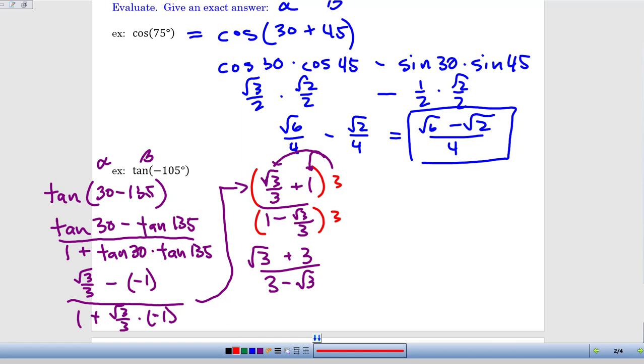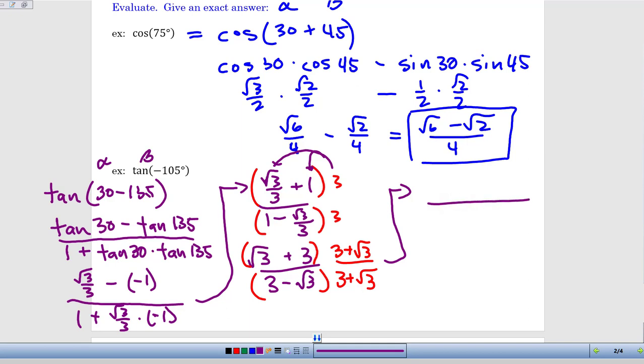Now we can't just multiply the top and bottom by root 3. We're going to have to multiply the top and bottom by the conjugate pair, so by 3 plus root 3 on the top and bottom. And so again, I'm going to keep on sliding over here as we work our way through this. So up on the top, we have to do the full FOIL.